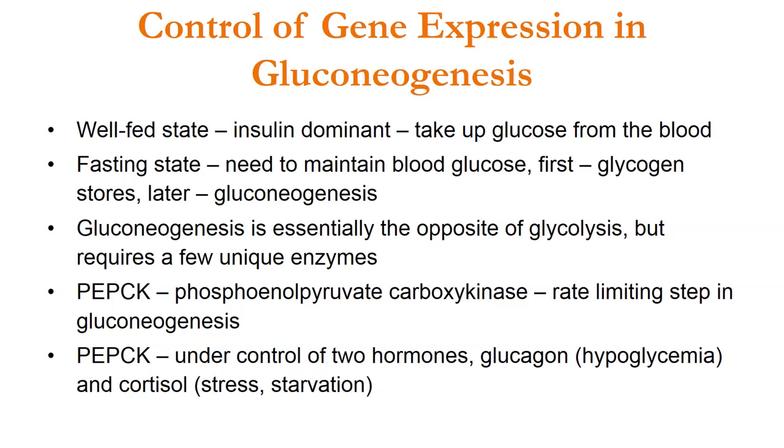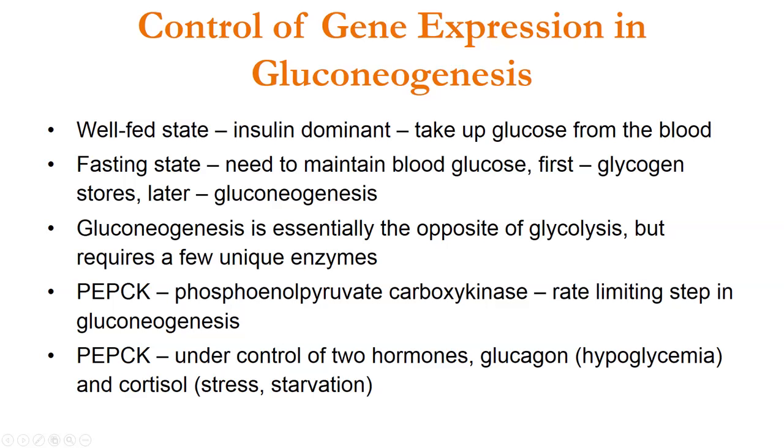If we're turning this gene on, we're trying to turn on the process because we need glucose for one reason or another. Now, whether or not that gene gets turned on is under the control of two hormones. Glucagon, okay, if glucagon's there, that signals that blood sugar is low. It means you're getting hypoglycemic.